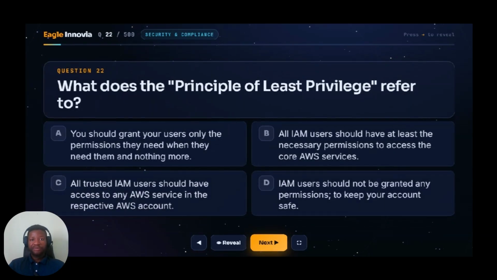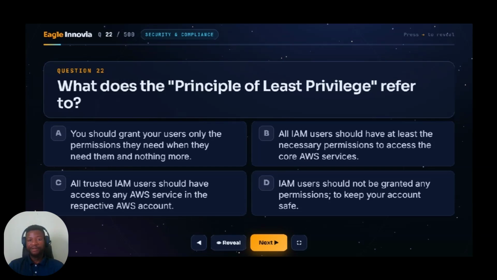What does the principle of least privilege refer to? A. You should grant your users all the permissions they need when they need them and nothing more. B. All IAM users should have at least the necessary permission to access the core AWS services. C. All trusted IAM users should have access to any AWS services in their respective AWS account.